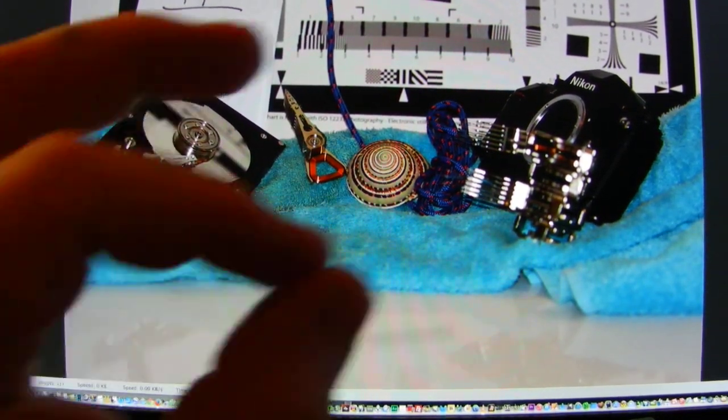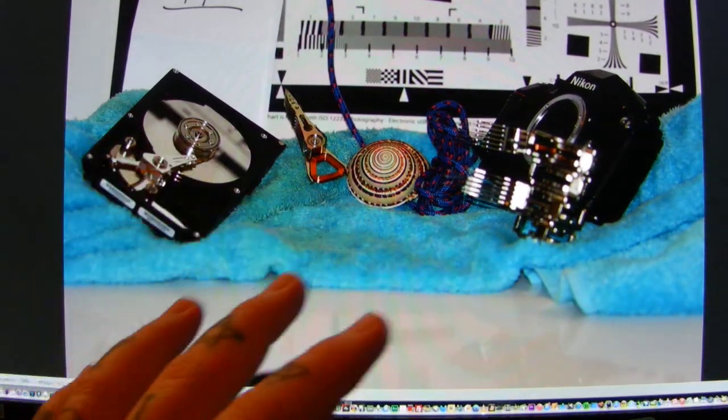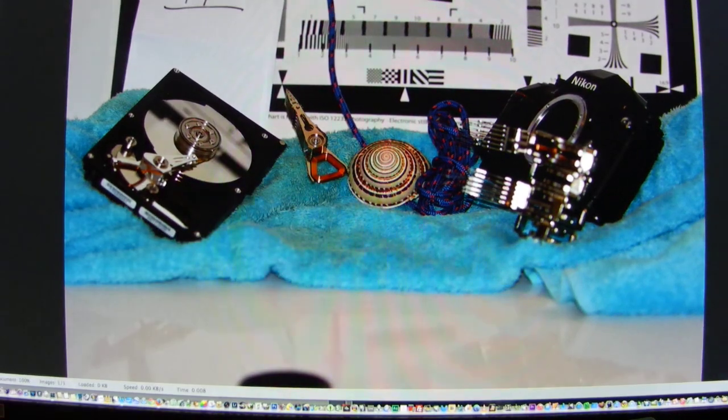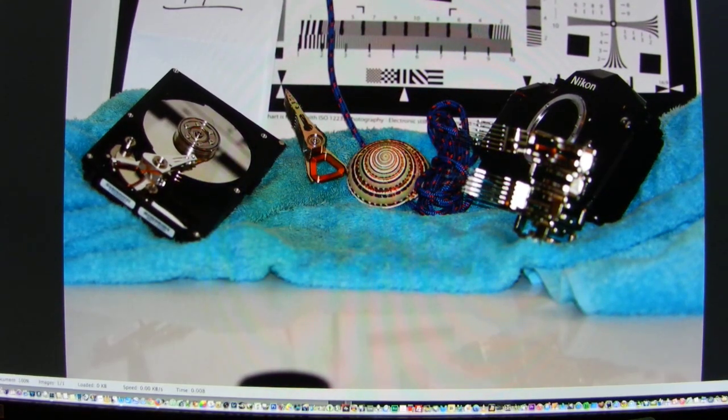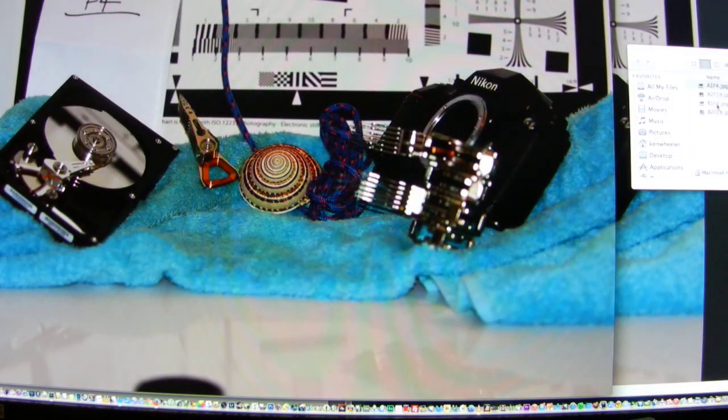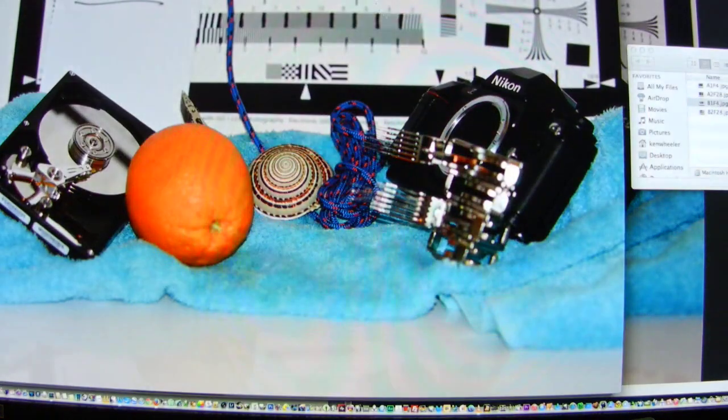I just wanted to keep everything the same across the board. All tripod shot. The center of focus is on the dead center of the spiral shell here, and I just wanted to let you download the images and let you see that.